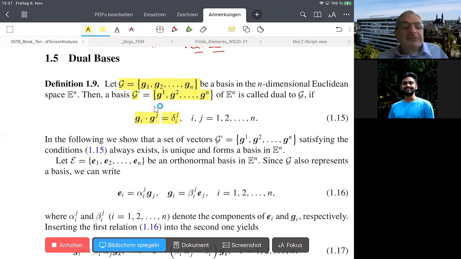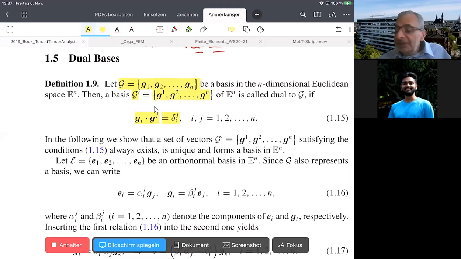The first question is again to prove: does such a dual basis exist or not? Is it unique or not? Because if there are maybe two or more such bases, all dual to our original basis, it is not convenient, right?